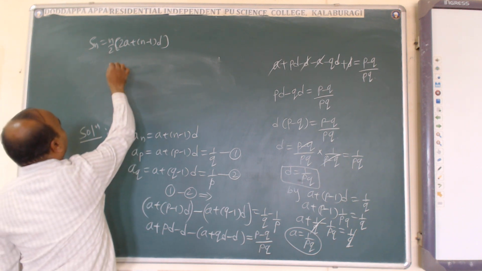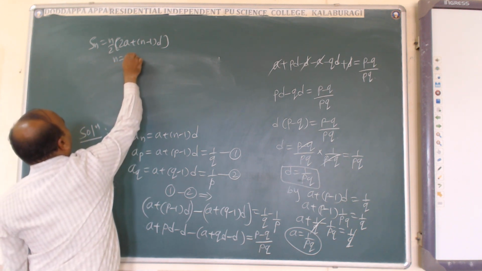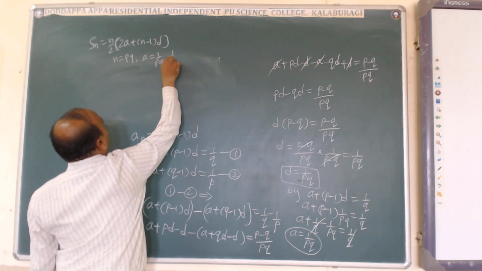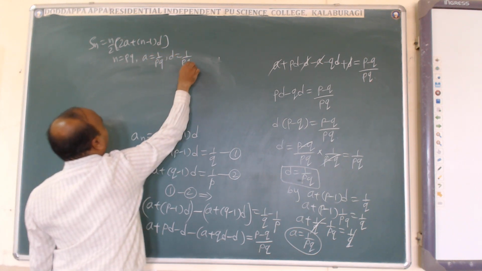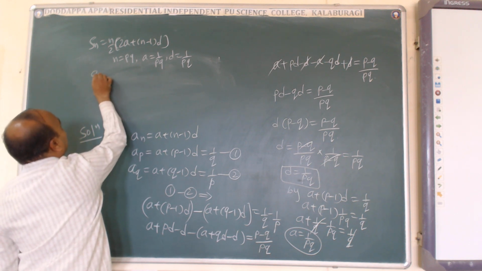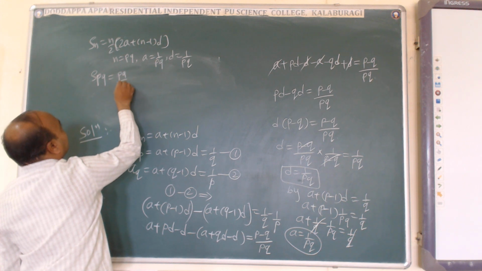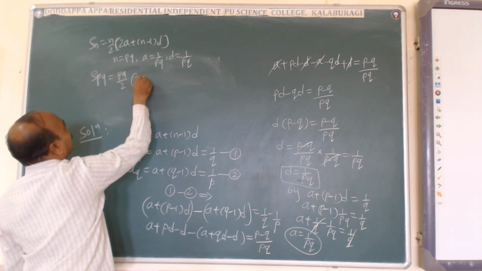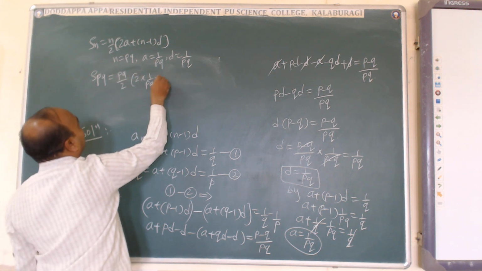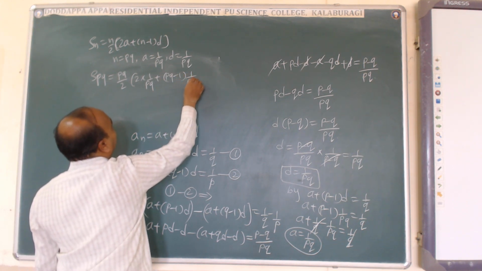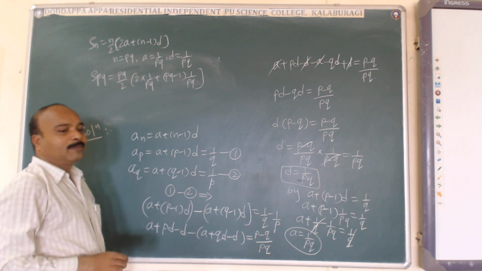Now here, sum of pq terms means take n equal to pq. a is also equal to 1 by pq. d is also 1 by pq. Substituting all the values, we get pq by 2 into 1 by pq plus, n means pq minus 1, into 1 by pq, because the d value is also 1 by pq.